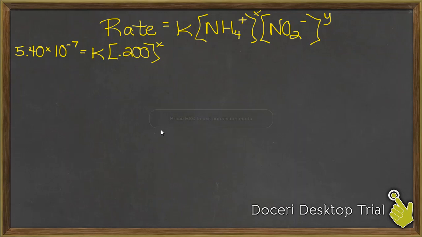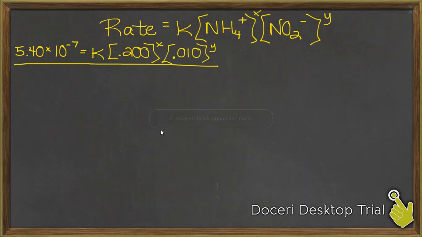I don't know what that exponent is yet. And the nitrite molarity was 0.010. I don't know what that exponent is either. And I'm going to draw a line under it. So that is all the information from experiment 3.